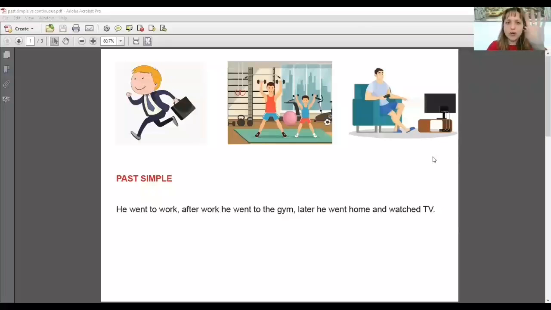First went to work, then went to the gym, then went home, and then watched TV. We have some words that help us understand that each action happens after the other one. Things like after or later indicate that one finishes and then the other one begins.